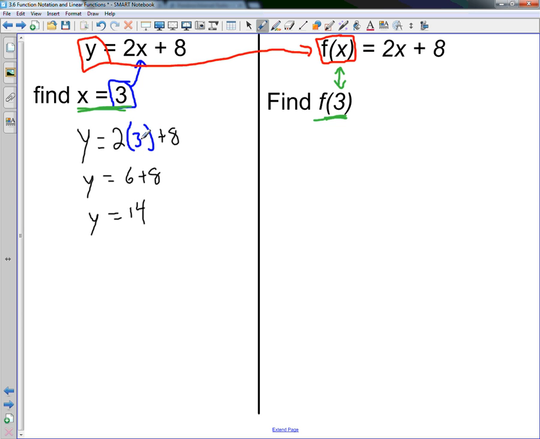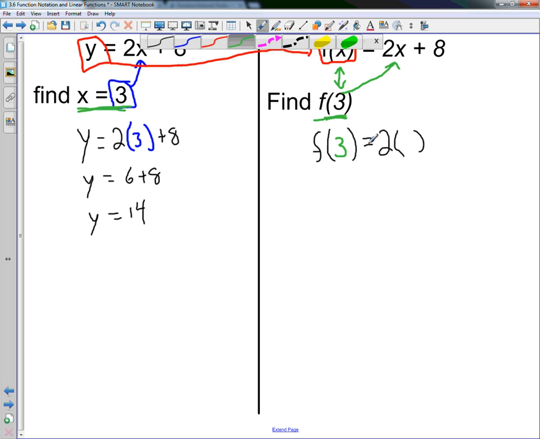So we're going to do the exact same process we did over here. We're taking 3 and plugging it in for x. The way it's going to look is we're going to still have the f of, and instead of x, we've plugged in 3. So f of 3 equals 2 times 3 plus 8.